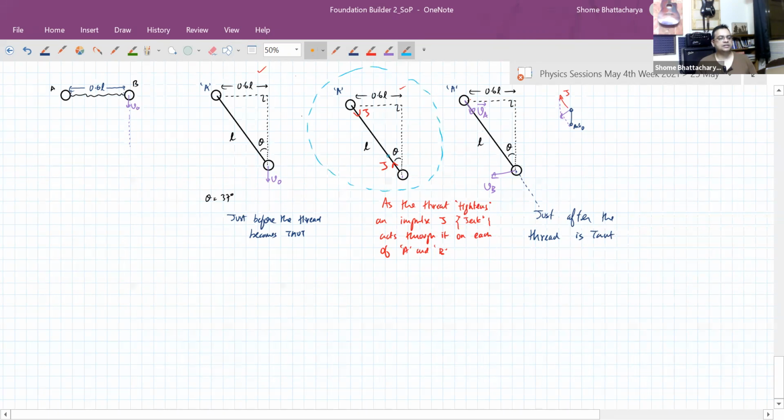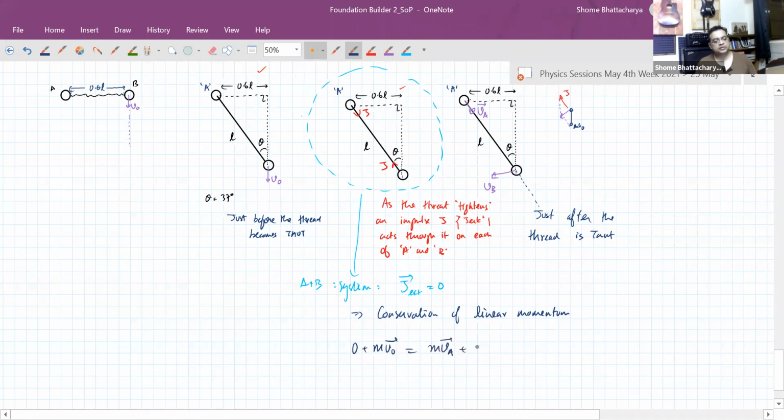So taking A plus B as a system, the net external impulse is 0. So there is conservation of momentum. So initial momentum of A was 0 and B was mv0. This should be equal to final momentum of A plus final momentum of B.